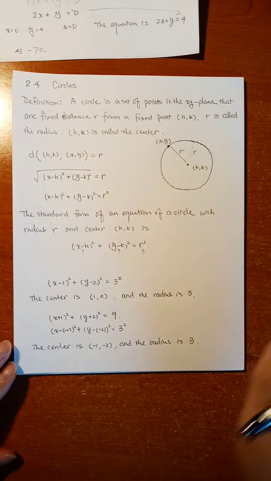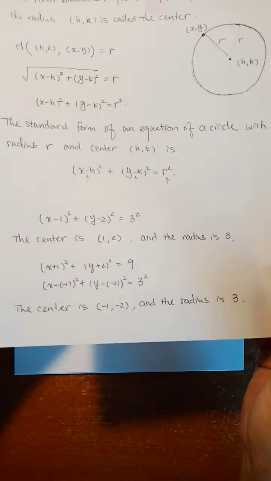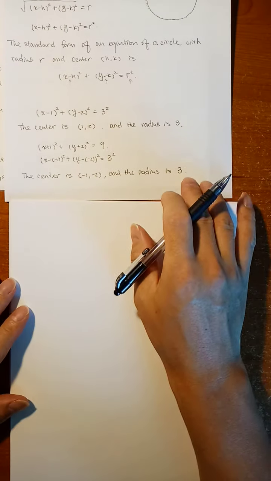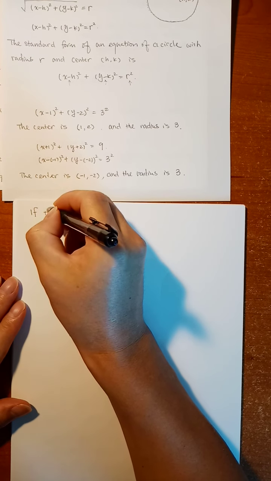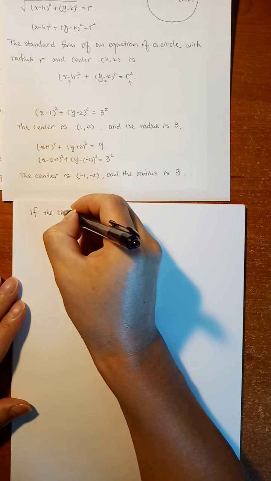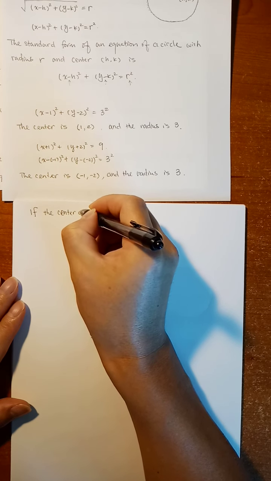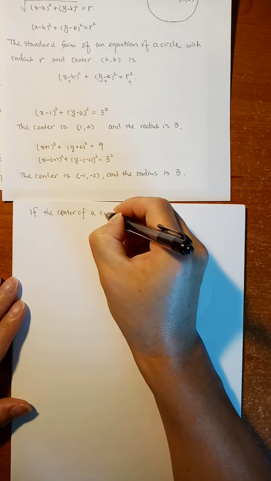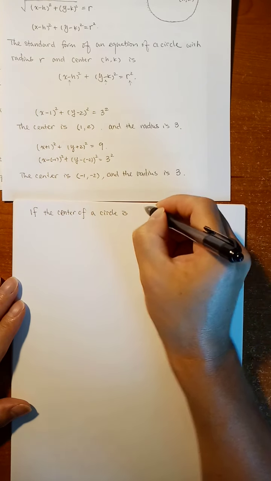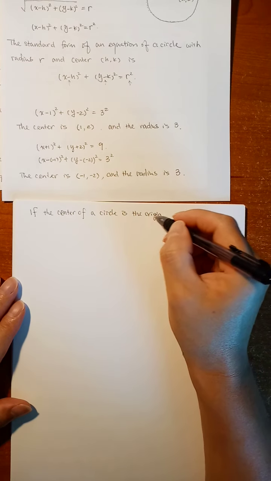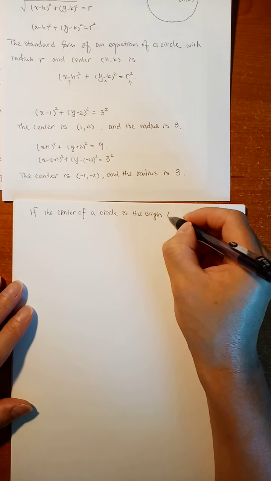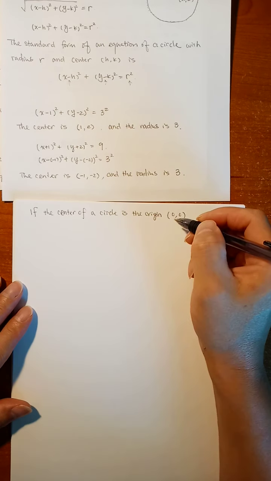Okay, so if the center of a circle is the origin, why do we mention the origin especially? Because the origin has coordinates 0, 0.